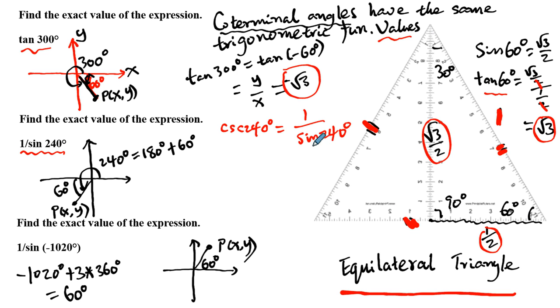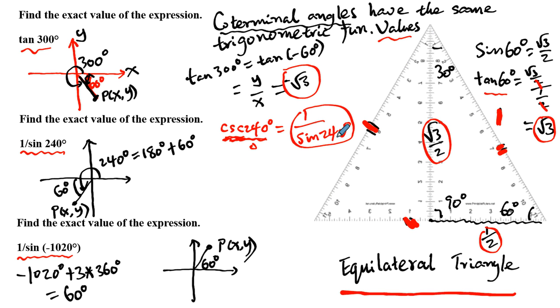Besides sine, cosine, tangent, cotangent, you have cosecant in other textbooks. Basically, they want to find cosecant negative 1020 degrees, which is why they give you the reciprocal. Actually, the original question was this one.